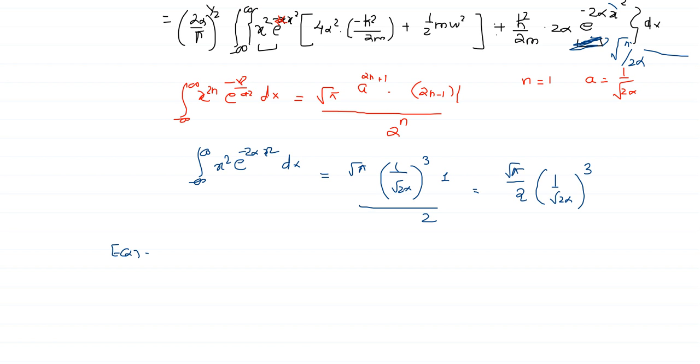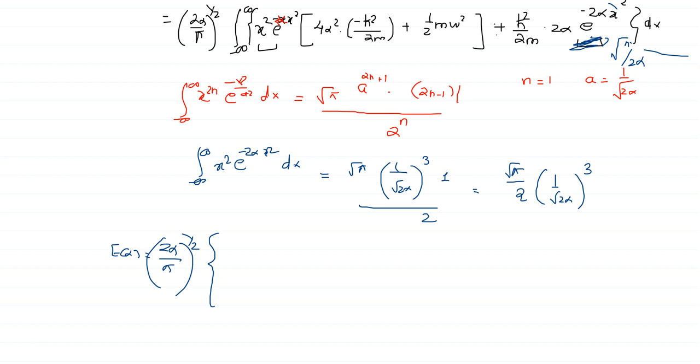So what we have now is 2 alpha upon pi raised to 1 by 2, then the bracket, and this term we already know.